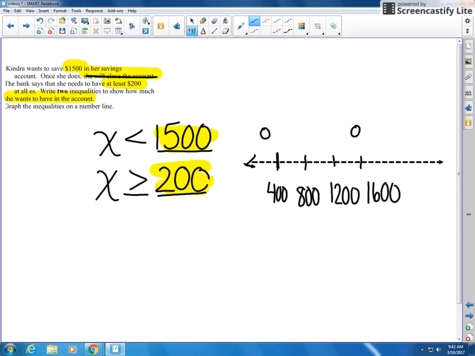Now my numbers want to be greater than or equal to 200. So since it can be equal, I'm going to fill my circle in. And normally I would make an arrow keep going on. But we just said it can't ever be more than 1,500, so my arrow is actually going to stop at this circle. It can't ever be 1,500 exactly, so I am going to leave that open.